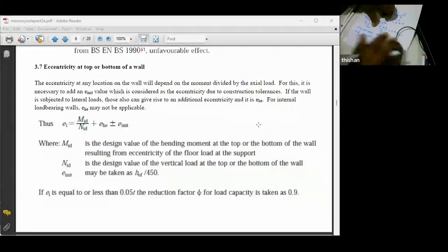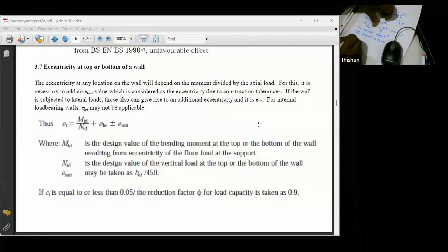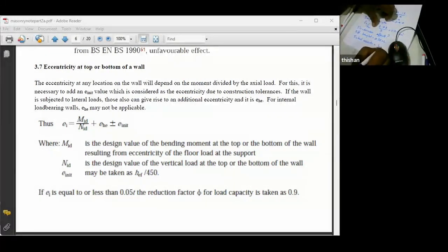And the initial eccentricity is given as effective height divided by 450. So that is a nominal eccentricity that is taken into account to allow for construction imperfections.